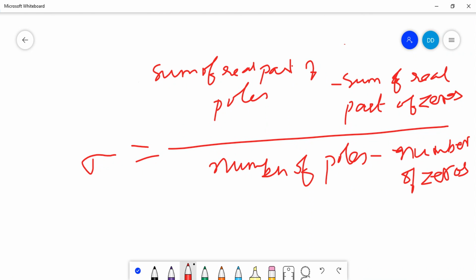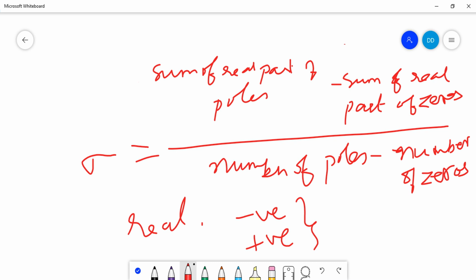This centroid is always real and it can be located either on the negative real axis or on the positive real axis, and this centroid may or may not be a part of the root locus. That is to be remembered.